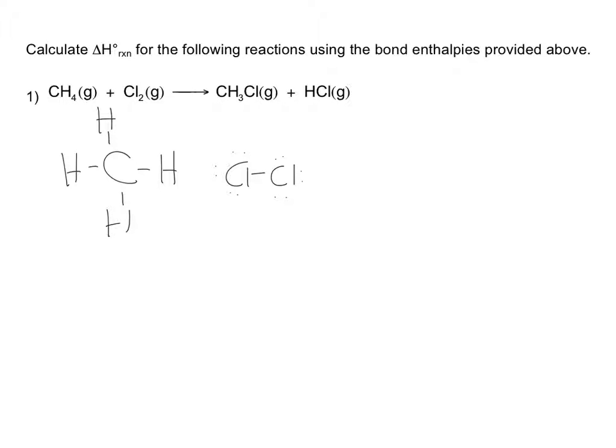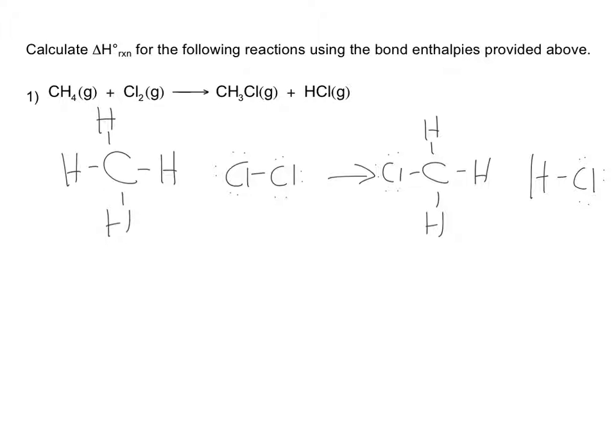And then that's going to become carbon with 3 hydrogens and a chlorine, and an H and a Cl. We just reviewed doing Lewis structures, so I'm not going to go through how to do all of these, but if you have difficulty drawing any of these, please come see me and I can help you figure out how to do them.